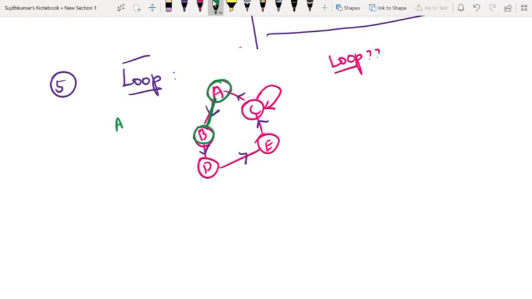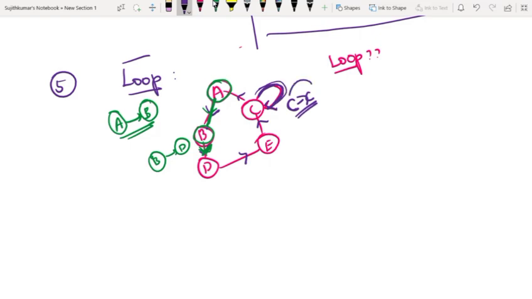For this other edge, the starting point is B and the ending point is D. Similarly, if you consider this edge, the starting point is C and the ending point is also C.